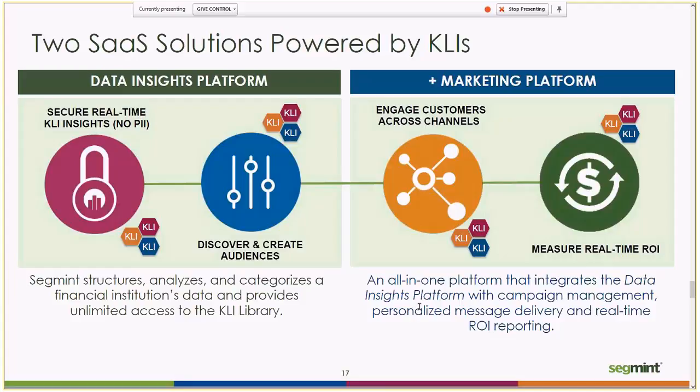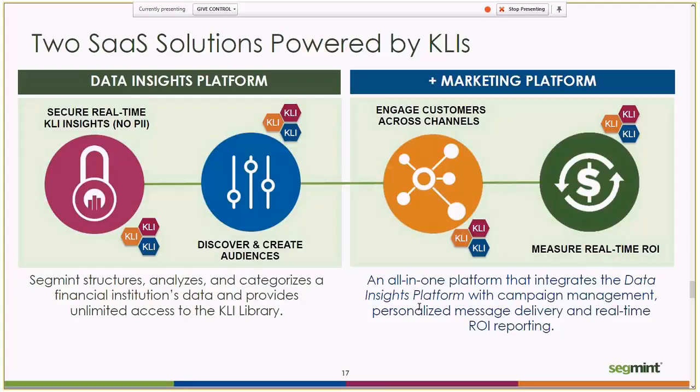Things like first name, last name, email address, phone number. Any of that data is not necessary for our patented process and our patented systems and platforms to produce the insights from the data you're publishing to the platform, which really puts you in a safe and secure situation.